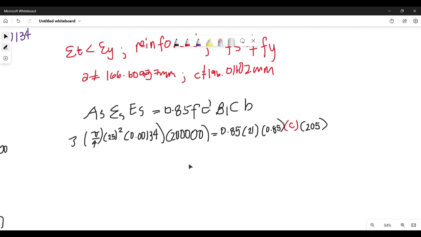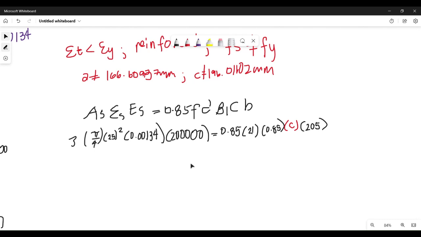The value of C here is equal to 175. Wait, something seems wrong. The strain S, it looks right. Let's double check. 200,000. What could be wrong here?